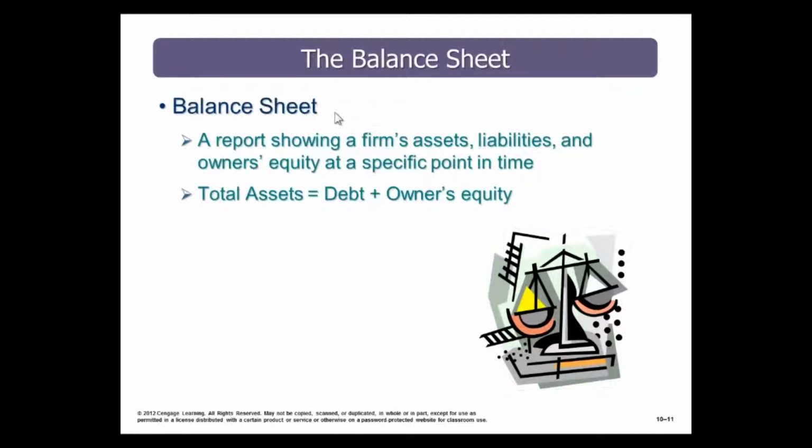So the basic equation that the balance sheet satisfies is total assets is equal to debt, or total liabilities, plus the owner's equity. And that's the amount of money that the owners have invested in the company plus any accrued retained earnings that they've collected.